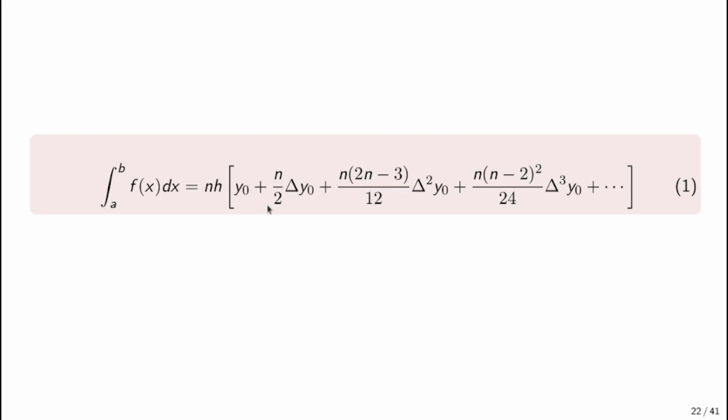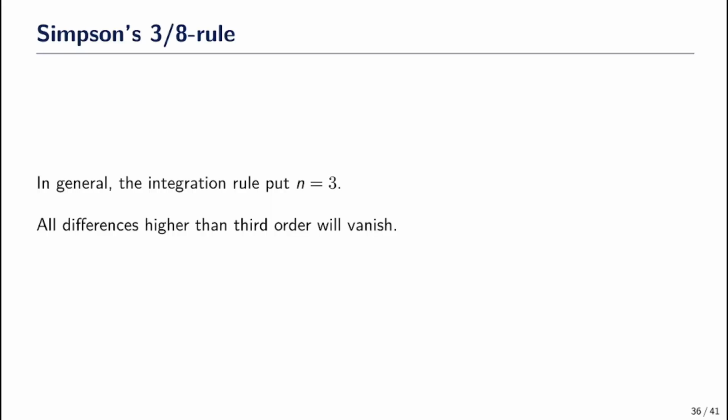Now let us see how we will get Simpson's 3/8 rule from this. In the general formula, we will substitute n equal to 3. So all differences higher than the third order will vanish.